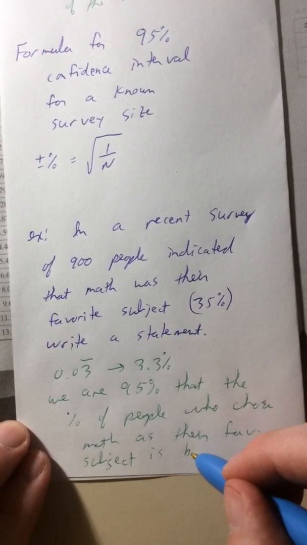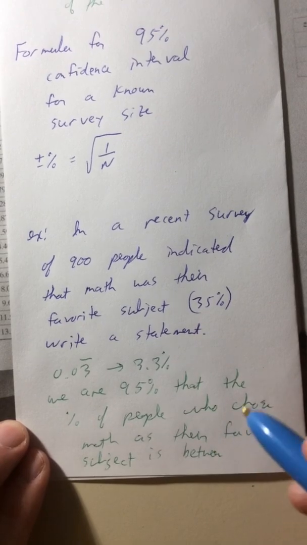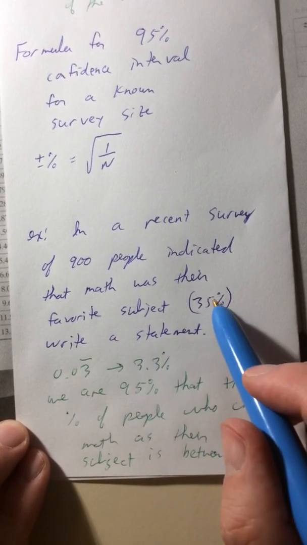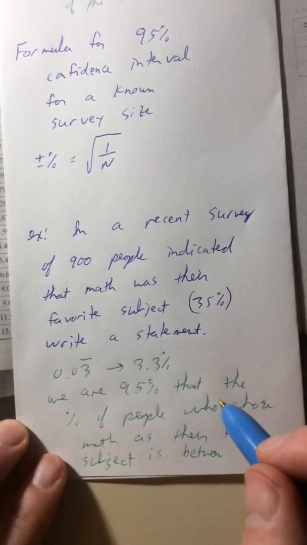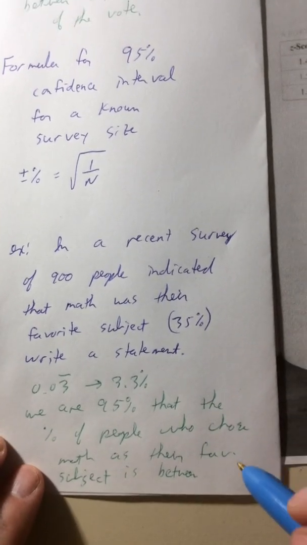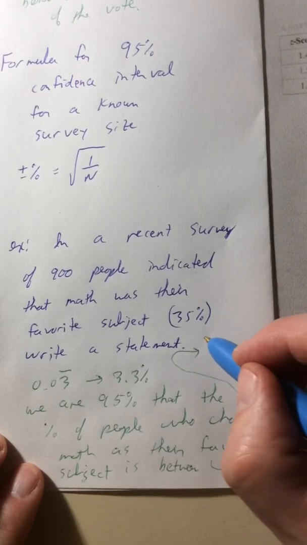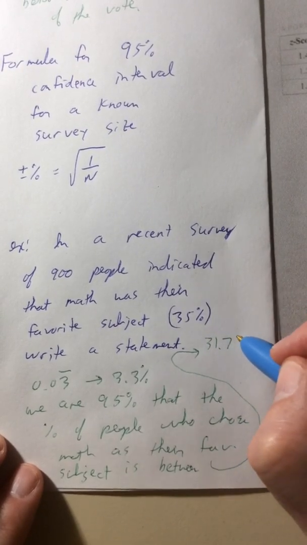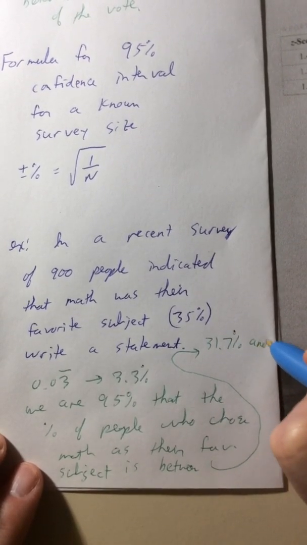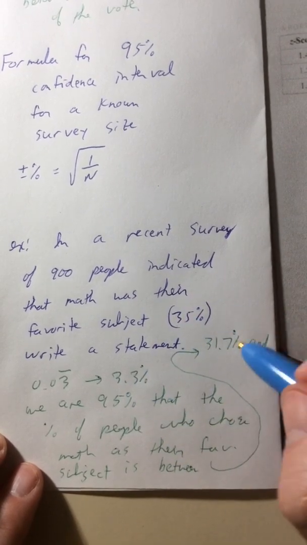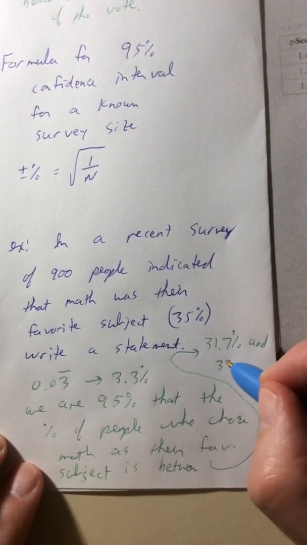is between... I'm running out of room. Where are we here? 35 minus 3.3, so that's 31.7. Put it right up here, 31.7%. And 3.3 added on, 38.3%.